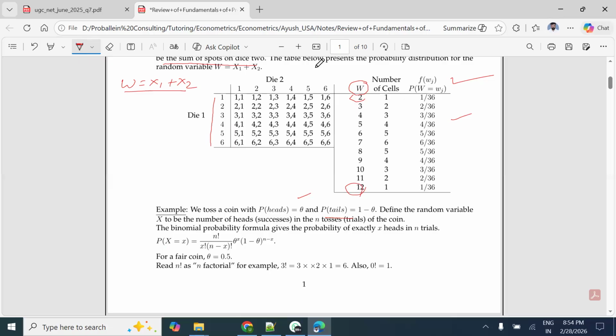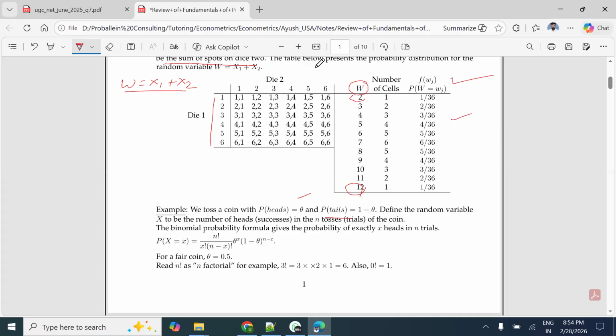So this is the binomial probability formula. Do you know it or not? Binomial means what? Sir, binomial means when we have two variables.